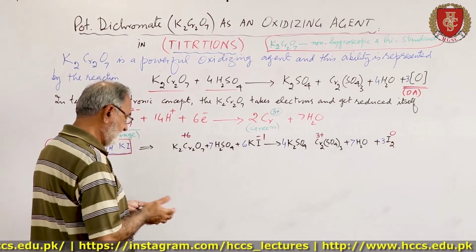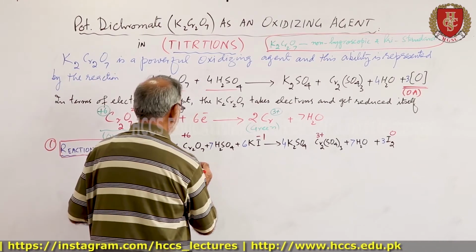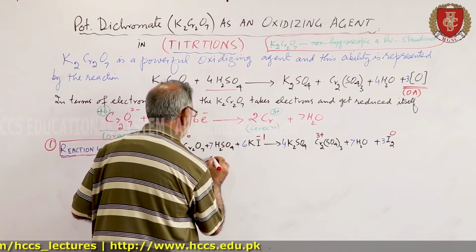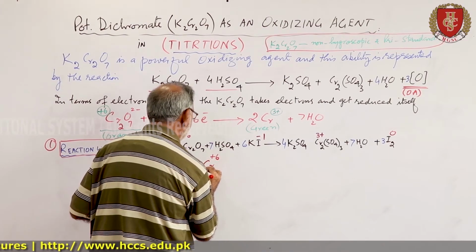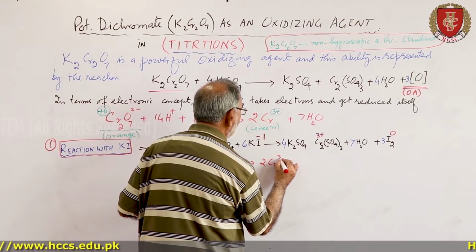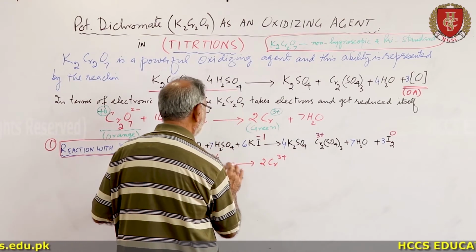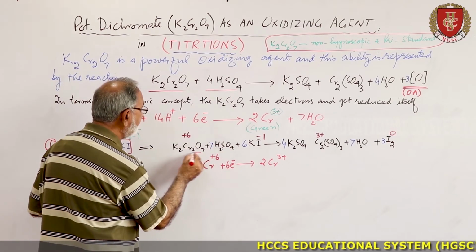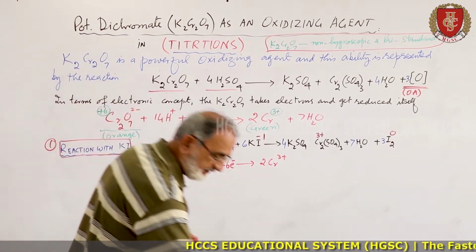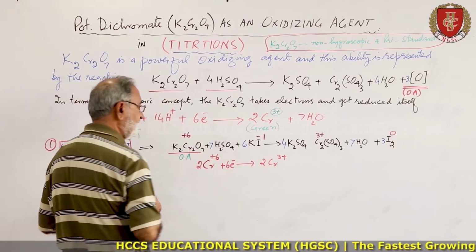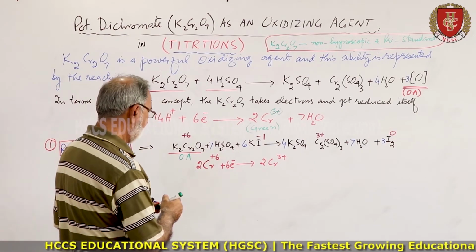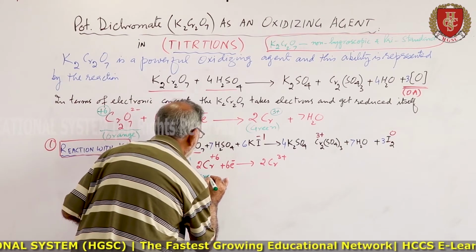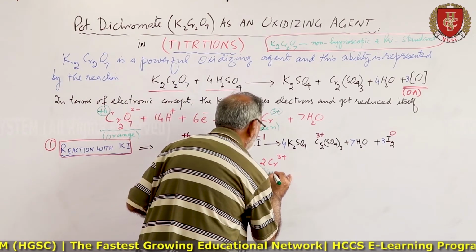So you can simply say that the chromium in Cr2O7, in plus 6 oxidation state, is converted into plus 3 oxidation state by taking 6 electrons. So this is our oxidizing agent, and it reduces from orange color to green.